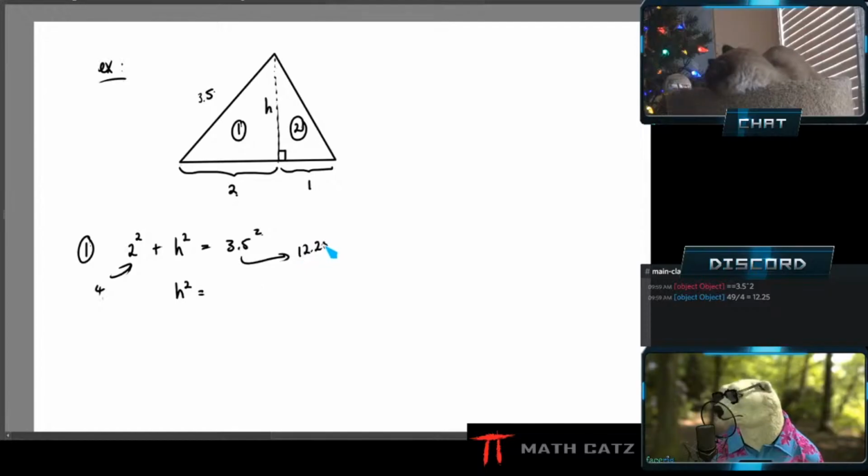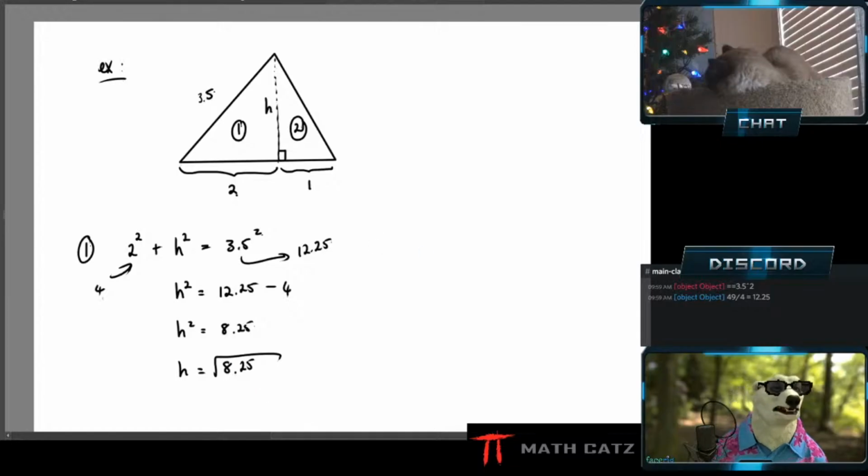12.25. So then h squared is my 12.25 minus 4. So h squared is 8.25. So then h is going to be the square root of 8.25. That dot sits way too high. Let's see what that is.